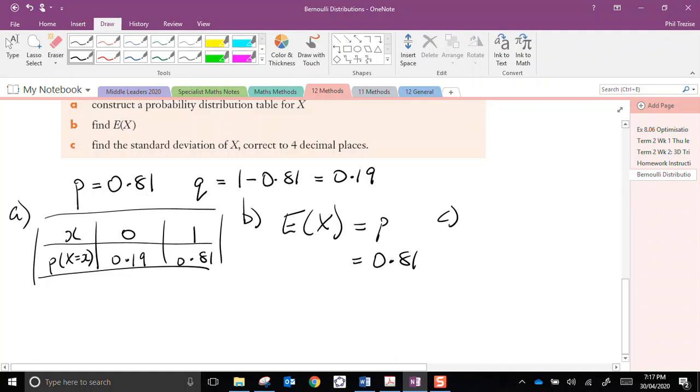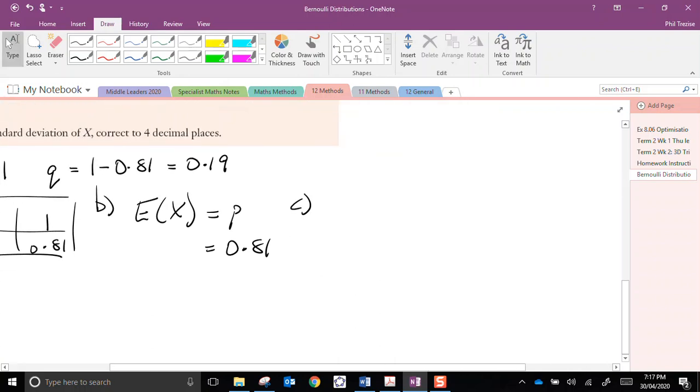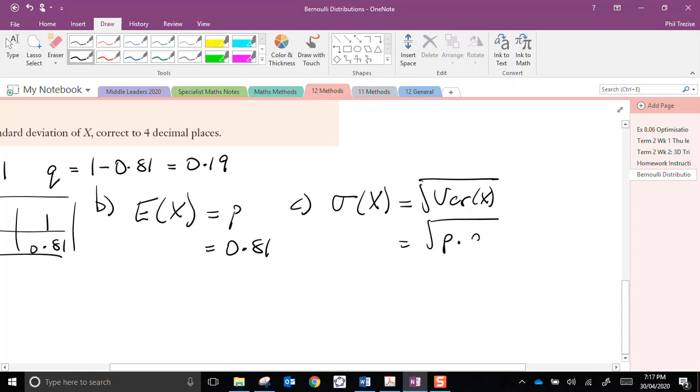Part C, find the standard deviation. All right then, so if I want the standard deviation of X, I suppose I should write that this is the square root of the variance. Remember, the variance was p multiplied by q. p is 0.81, q is 0.19.